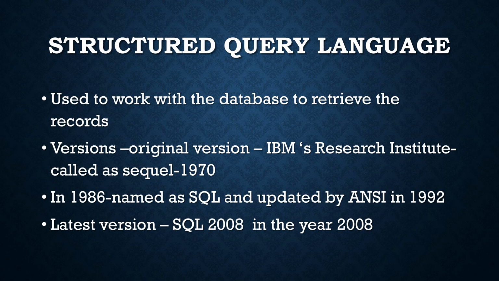Finally, it has many versions. The latest version of SQL is SQL 2008, introduced in the year 2008. That's all about the introduction to Structured Query Language, used to work with the database to retrieve the records.